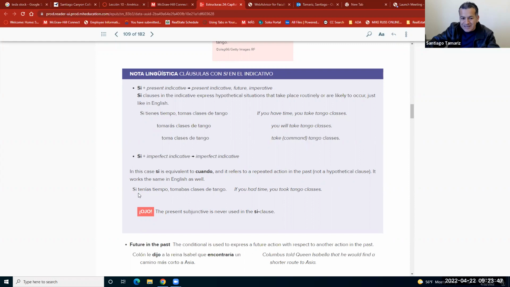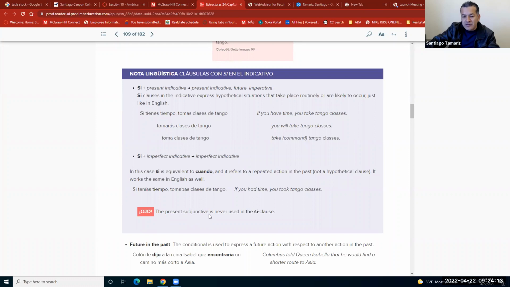For example, si tenías tiempo, tomabas clases de tango. If you had time, you took tango classes. Bien, si plus imperfect indicative. The imperfect indicative, not subjunctive. Si tenías tiempo, then we use the imperfect indicative. Tomabas clases de tango. Here is the example. So we use also the if in this situation as well.